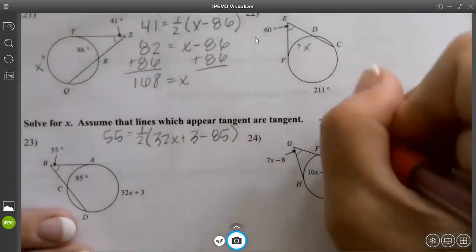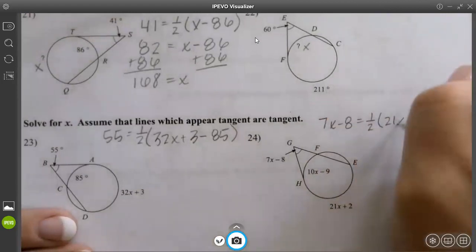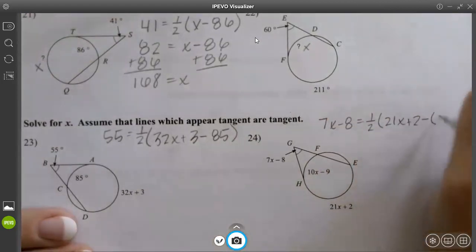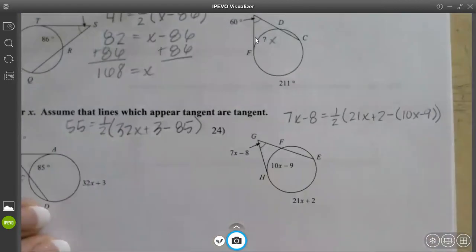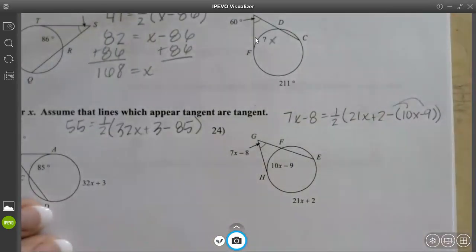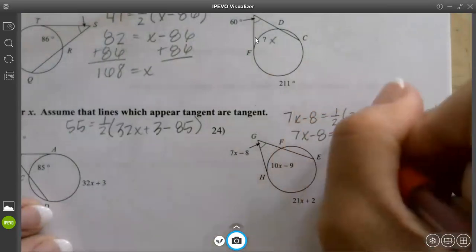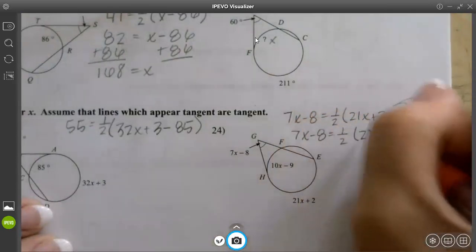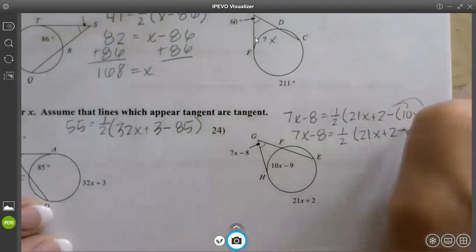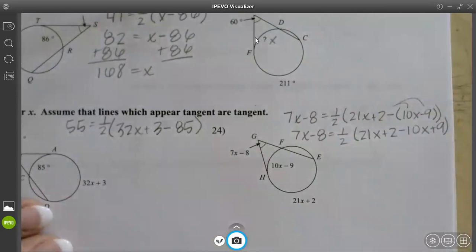So your angle is 7x minus 8 equals 1/2 of your big, 21x plus 2, minus your little. Make sure you distribute that negative. So 7x minus 8 equals 1/2 of 21x plus 2 minus 10x plus 9.